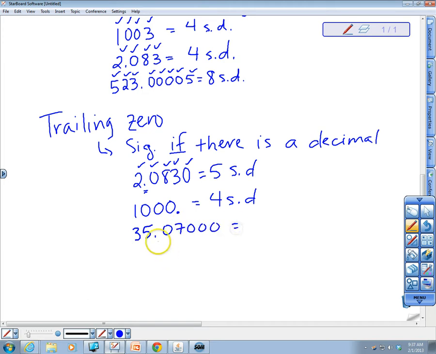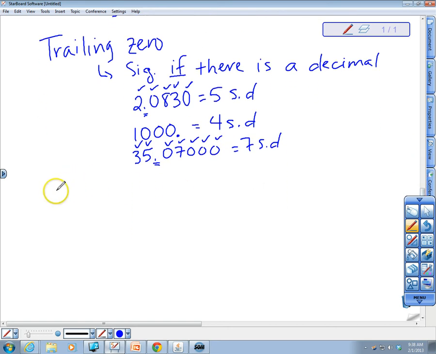35.0700, right? Non-zeros are always significant. Embedded zeros are always significant. And there is a decimal, so that makes my trailing zeros significant. So I have 1, 2, 3, 4, 5, 6, 7 significant digits.